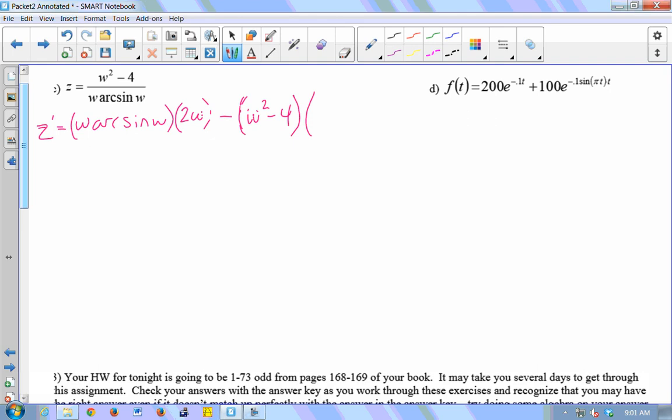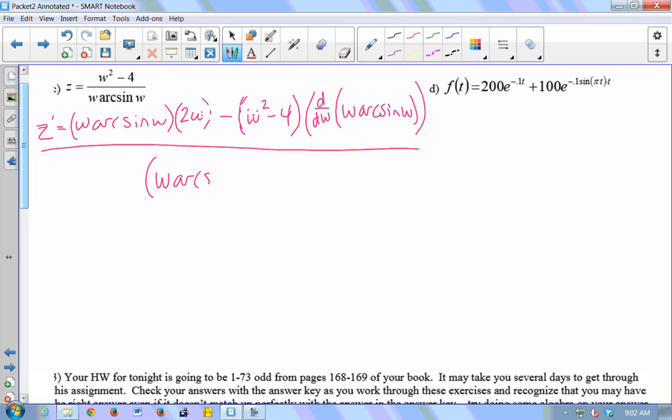times the derivative of the denominator. Ooh, how am I going to take the derivative of that denominator? Product rule. That's w times arc sine w. So that's going to be a product rule, which means that this derivative is going to be an involved problem all on its own. So here I might just write d dw of w arc sine w and come back to it, all divided by the denominator squared, w arc sine w squared.